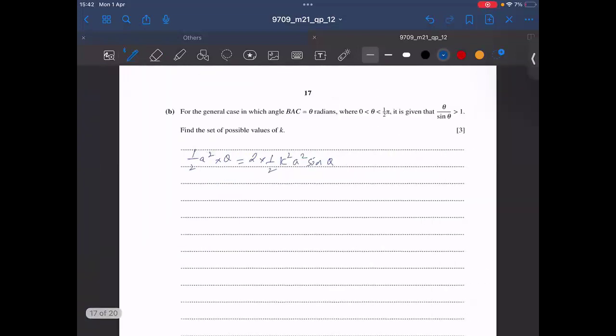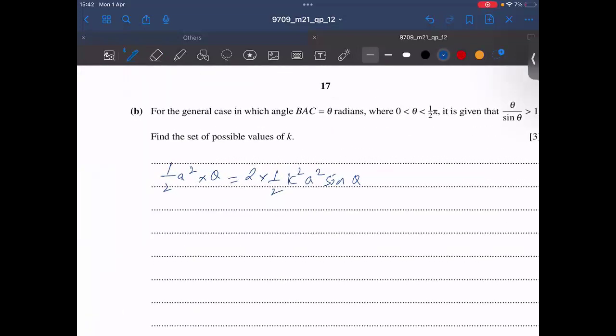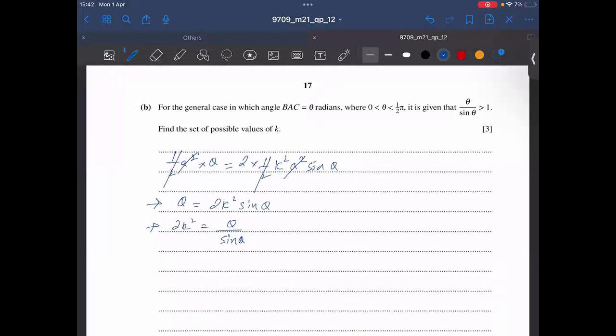So half and half get cancelled, A square gets cancelled, and you're left with theta equals K sine theta. K is equal to theta over sine theta, and theta over sine theta is greater than 1, so K is greater than 1.